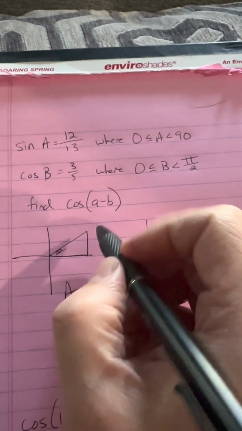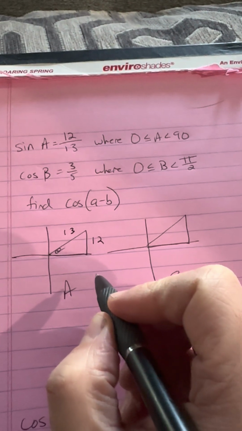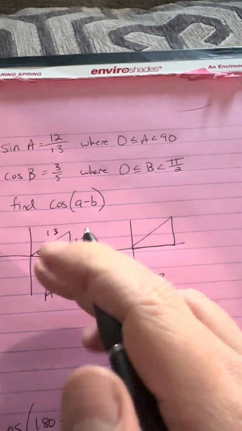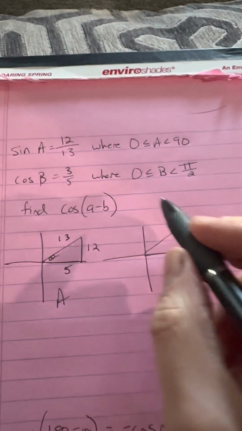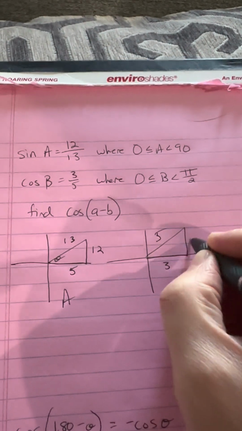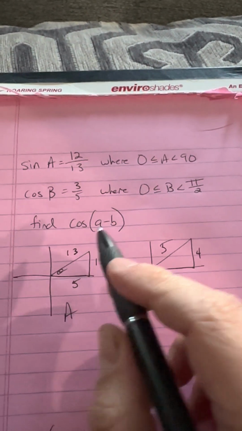So if in the A triangle, sine is 12 over 13, that means opposite is 12 and hypotenuse is 13, which means that the adjacent side would be 5. In the B triangle, if cosine is 3/5, that means adjacent is 3, hypotenuse is 5, and the opposite side is 4.